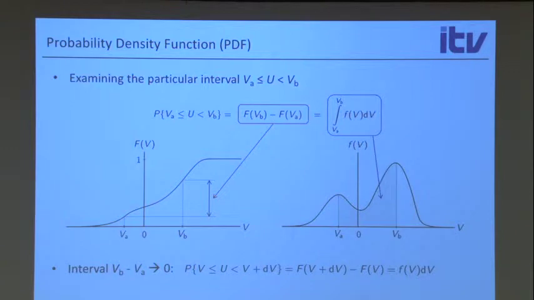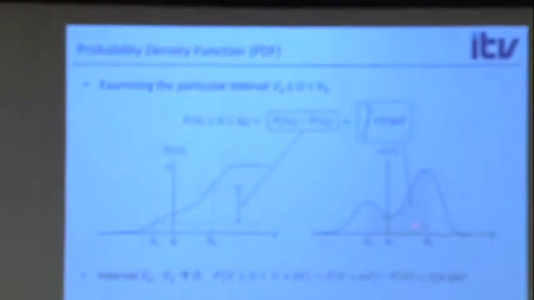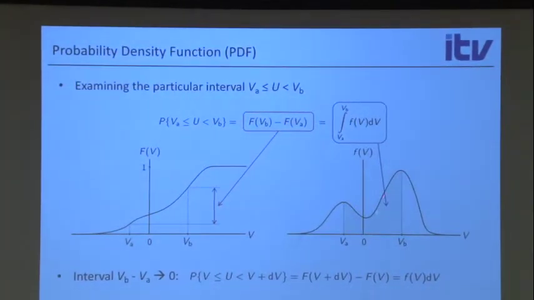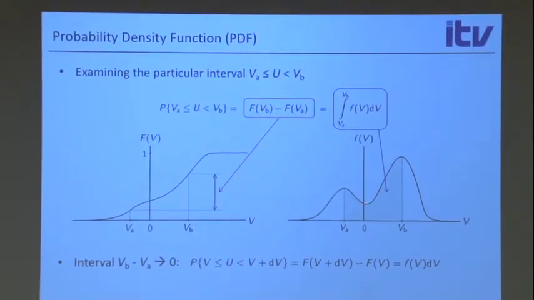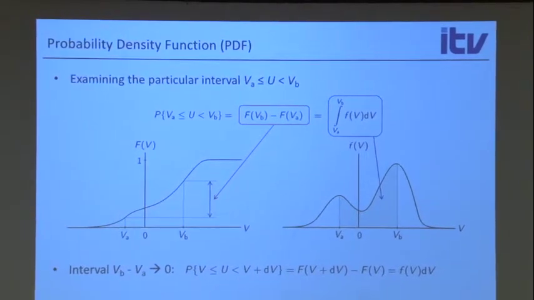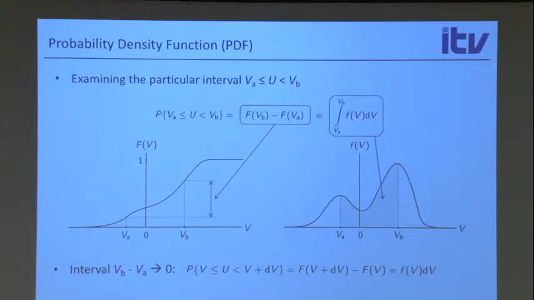But if I integrate the PDF between two values of the sample space, the area between these two values is the probability of finding the value in this interval. So that's a very nice property of the PDF. You see immediately where the probability is high and where it is low, and so on.